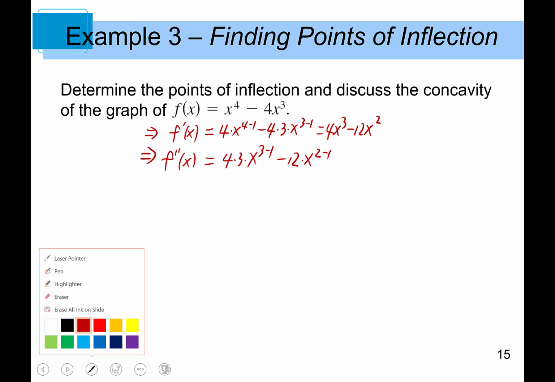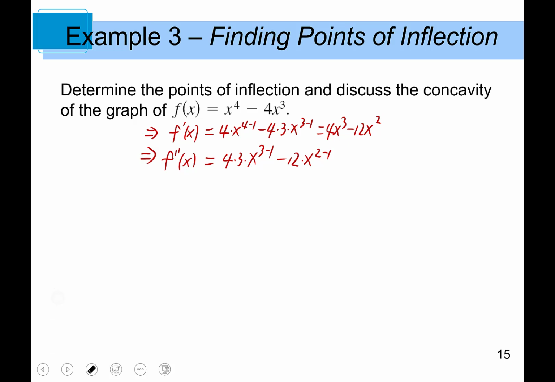Remember to put the exponents in front. So we end up with 12x^2 - 24x.